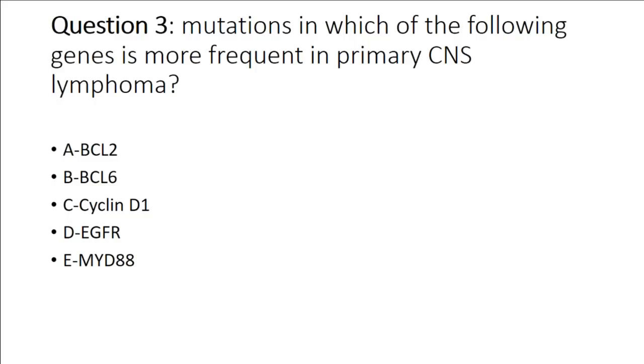I think we can see some opting for E, that is MYD88. And that is the answer. It is one of the most common alterations. Remember, MYD88 and CD79 are the two genes that are most frequently involved.